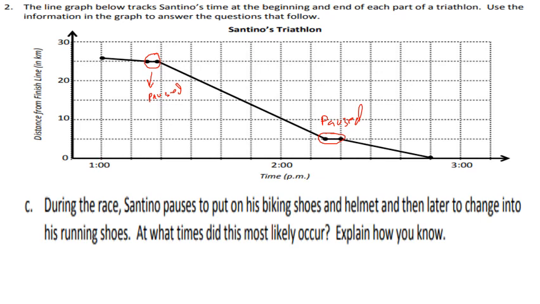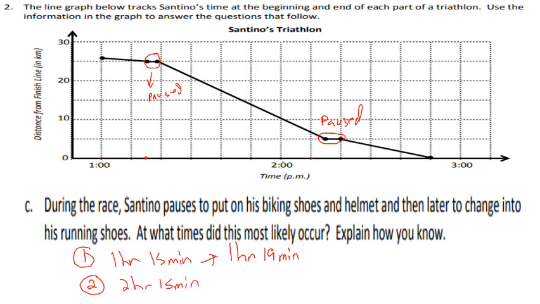So these times right here, we can see that's 1 hour, and I'm going to estimate about 15 minutes into the race through 1 hour, and not fully 10 minutes, so I'm just going to say 19 minutes. So that was his first pause. His second pause, we know it's 2 hours and 10 minutes, and it's about right in the center.